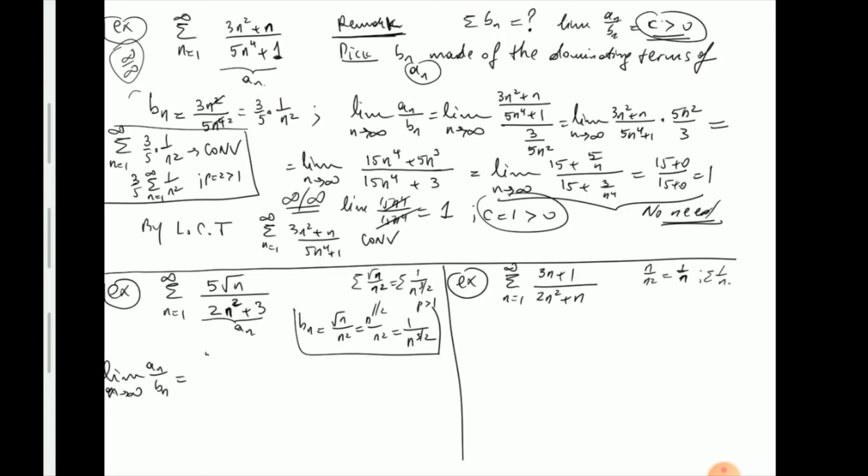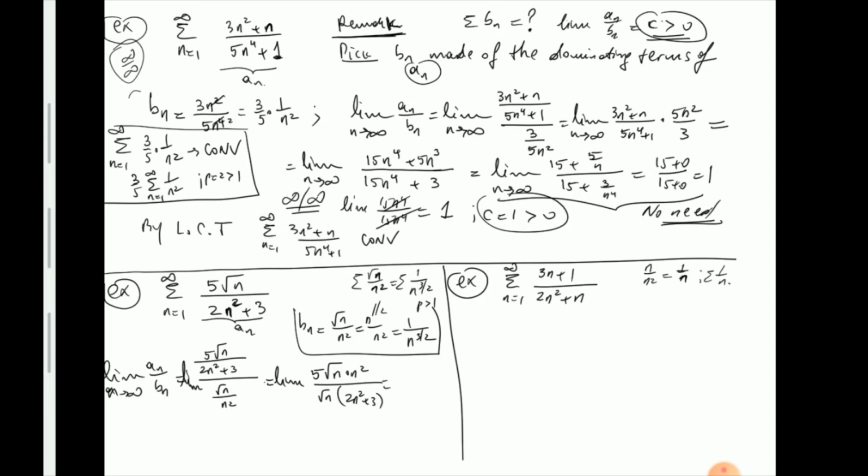So I'm going to have 5 root n on the top over 2n squared plus 3, divided by root n over n squared. So that's the limit. And now let's simplify: 5 root n times n squared over root n times 2n squared plus 3.